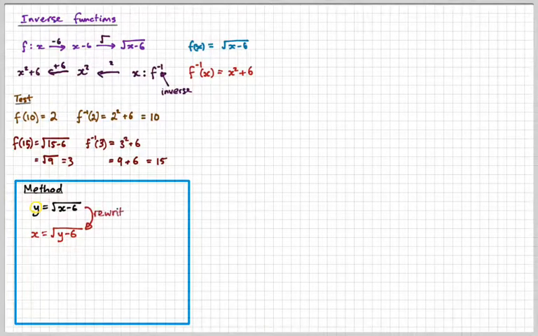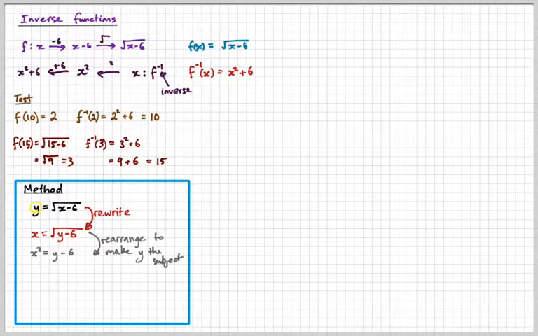So you might square both sides, so we get x squared is equal to y minus 6, and then you would add 6 to both sides to get x squared plus 6 is equal to y. So this function here is the inverse function. This is what we found.